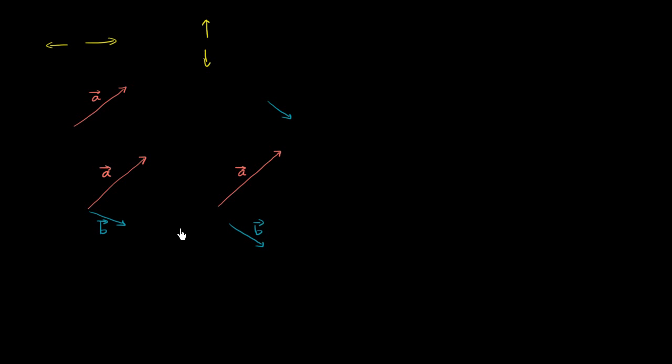And the whole reason I'm doing that is because the way to visually add vectors, if I wanted to add vector A plus vector B, and I'll show you how to do it more analytically in a future video, is that I can literally draw vector A. So that's vector A right over there.